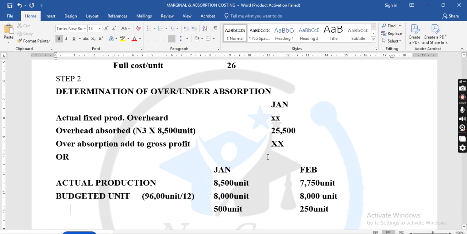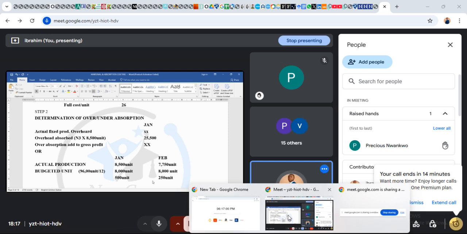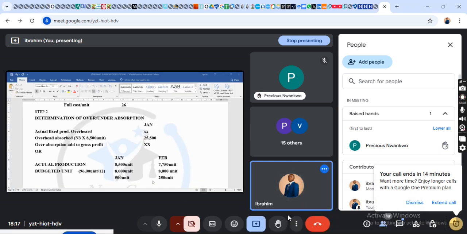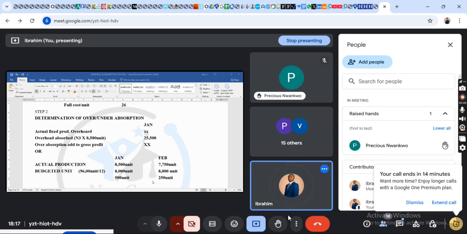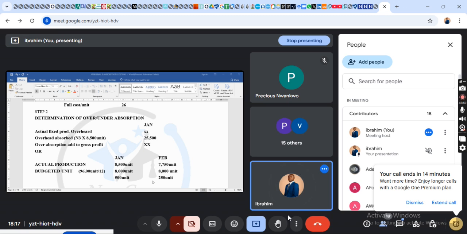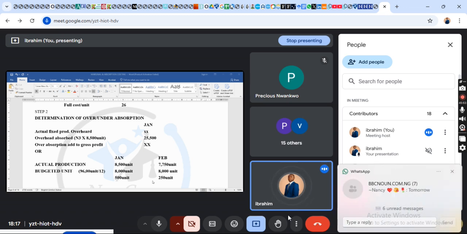So now you can see that in this question, your actual fixed production overhead is not given to you.